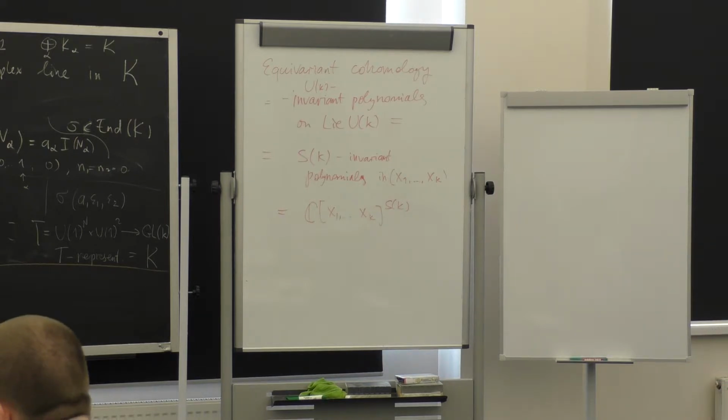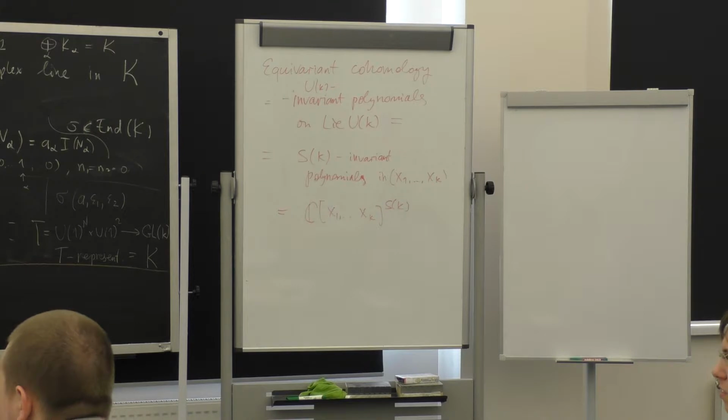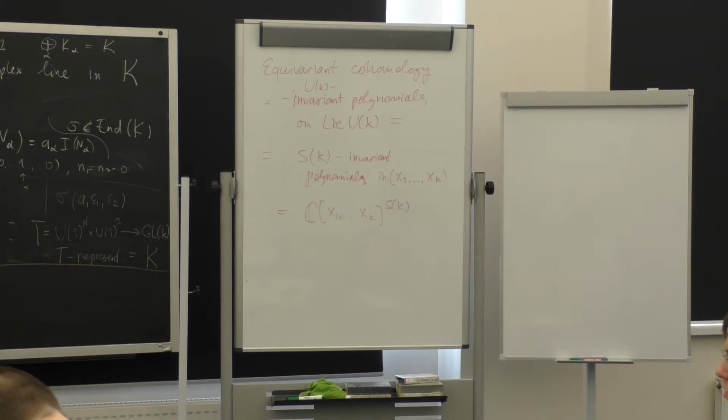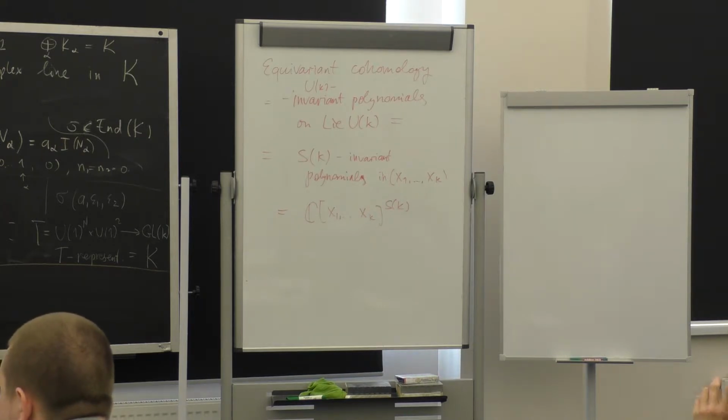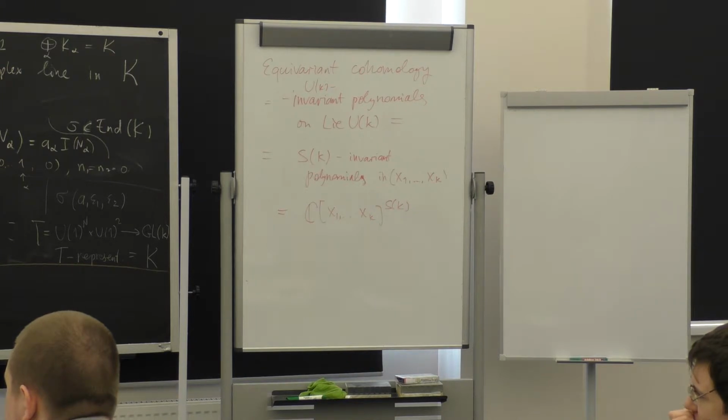Namely, you take the kernel of J, so J being the map from K to N, so its kernel is a subspace inside K, and I claim that this subspace contains the image of I, and it is B1 and B2 invariant.